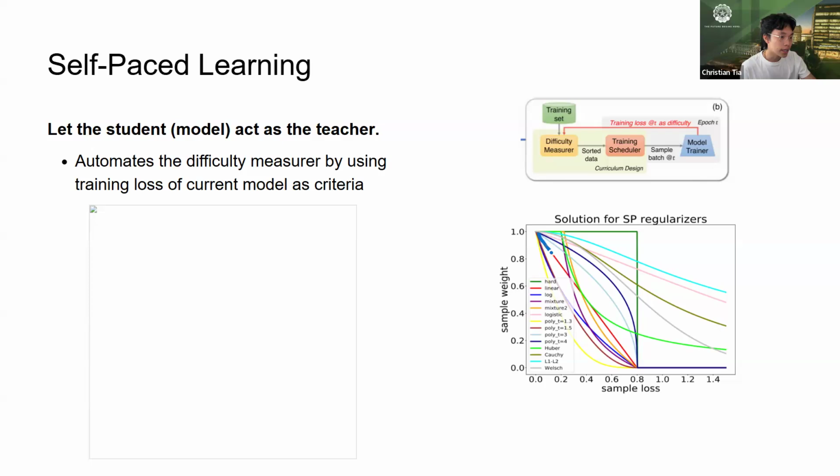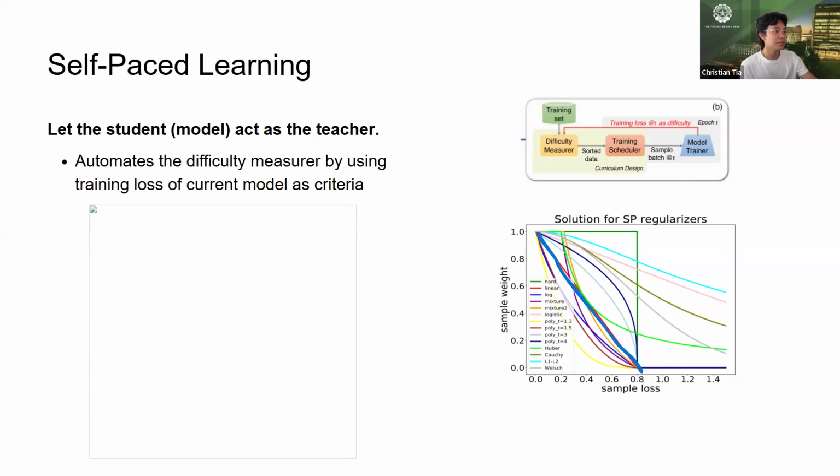So this red line right here, or the blue one now that I'm drawing, this is a linear regularizer. From all the way from 0 to 0.8, the examples which are easier, which have lower loss, are considered at weight 1. And then with a straight line, it draws the weights so that at 0.8, it would be weight 0.